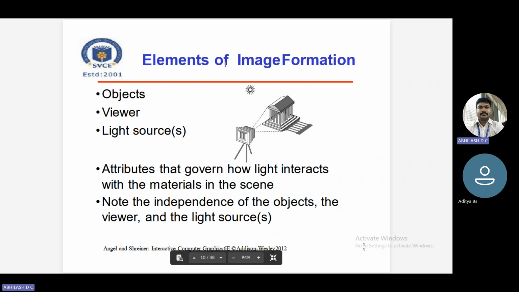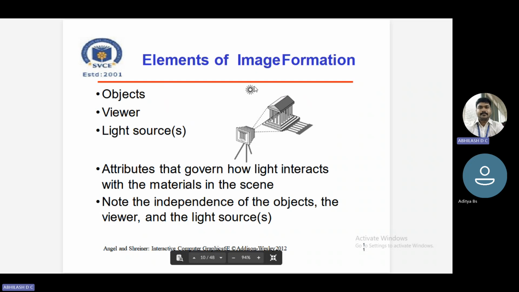The first basic thing is we need the object. This is an object, and we have the viewer. Your viewer is the camera, and the light source is the sun. So these are the three things which are needed. Apart from that, we also need to see what the camera orientation is. The camera is in front of the object, right?